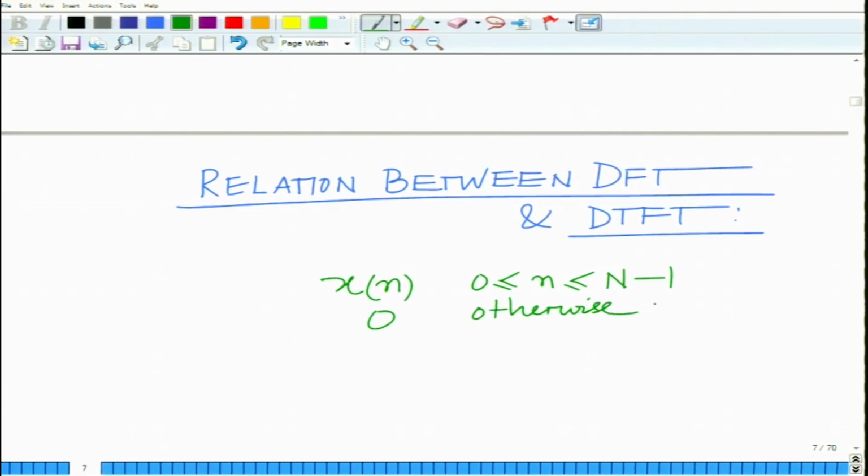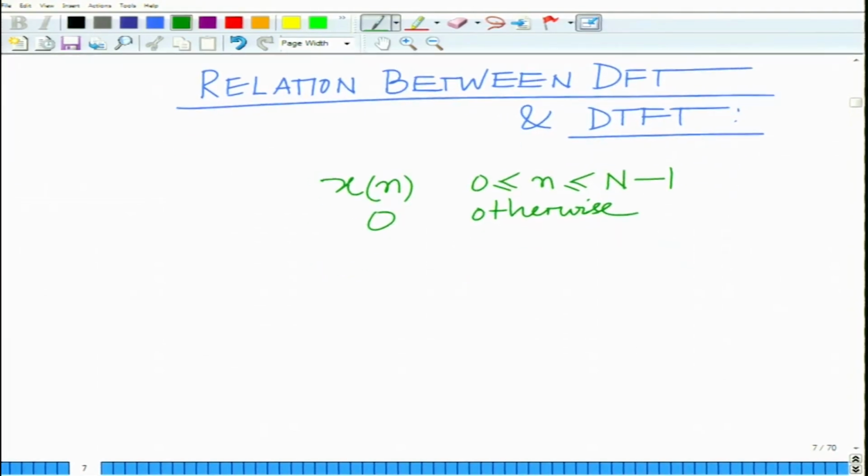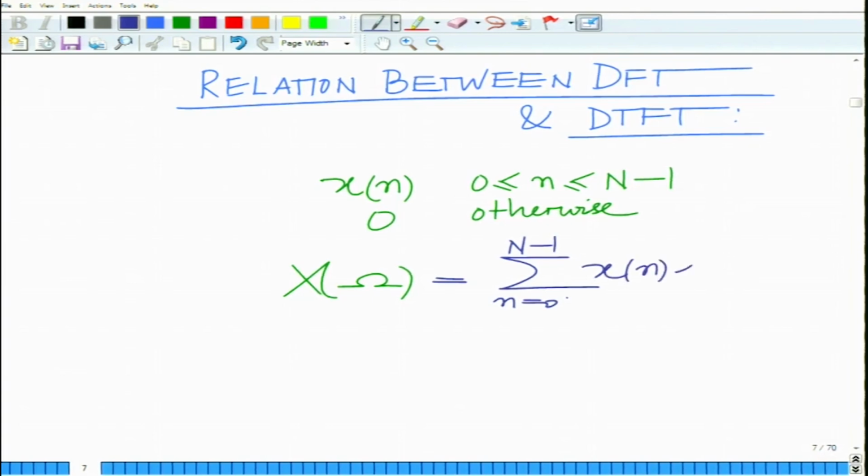For this signal, if you look at the DTFT, X(omega) will naturally be the sum, because this is 0 outside n equal to 0 to N minus 1, so this will be n equal to 0 to N minus 1 x[n] e raised to minus j omega n.